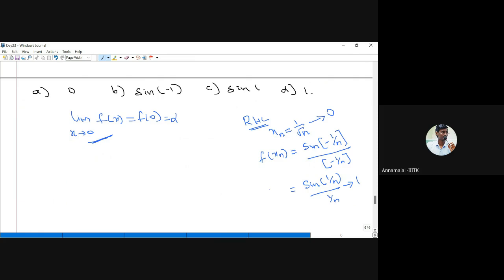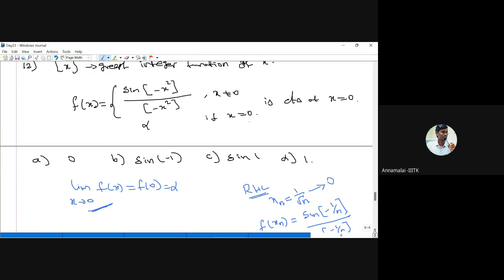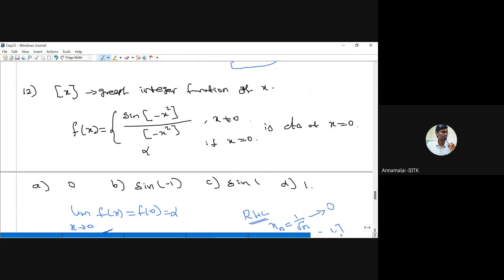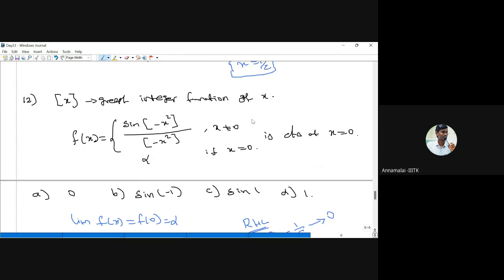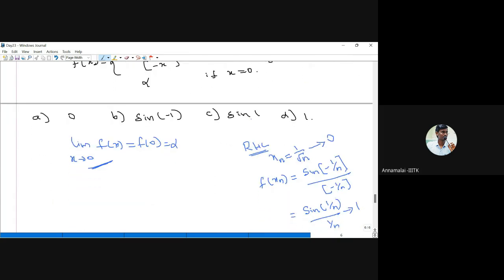But can you give some other, I think some mistake is there, because we are using sine. I think we have to take some other thing. Therefore it should be 1, right? Or if you take some other sequence.